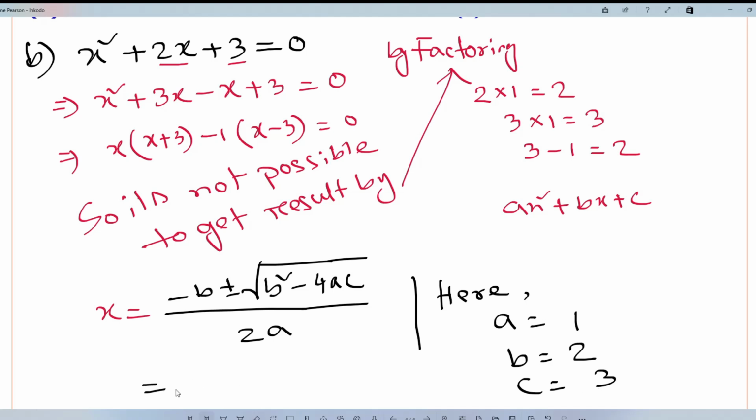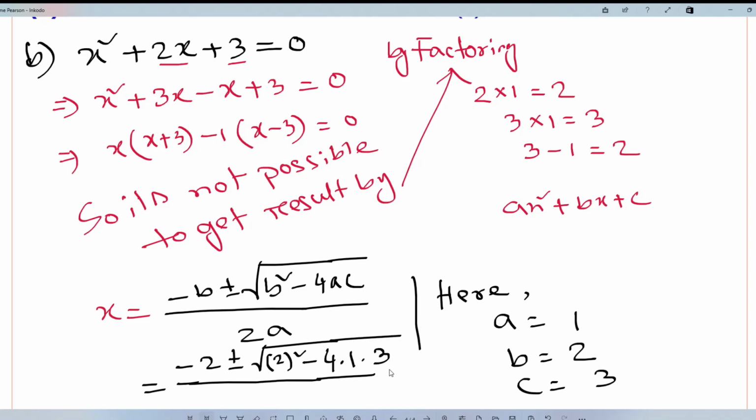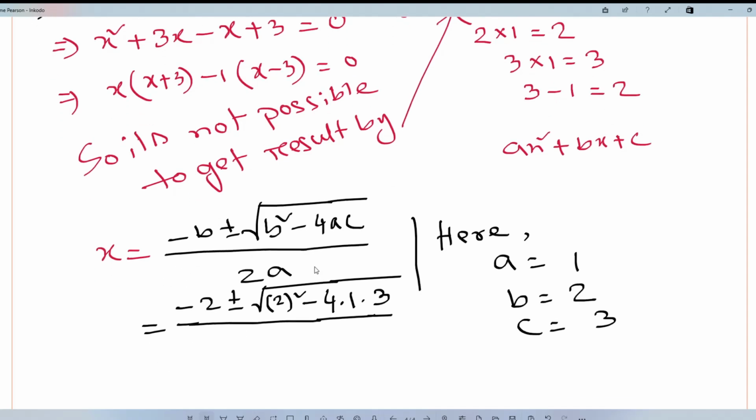So if we put the values in here, what will we get? Look, minus b means minus 2, plus minus root over b square, it means 2 square, minus 4ac, 4 into a means 1, c means 3. Okay, and here 2a means 2 into 1.